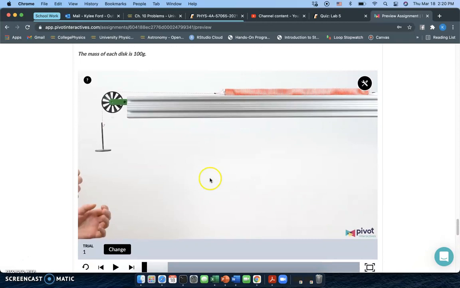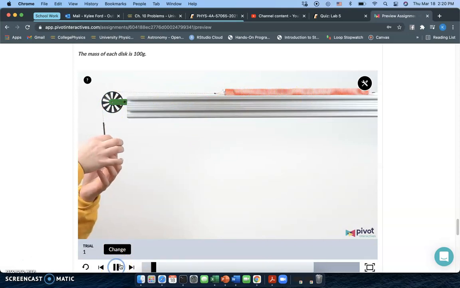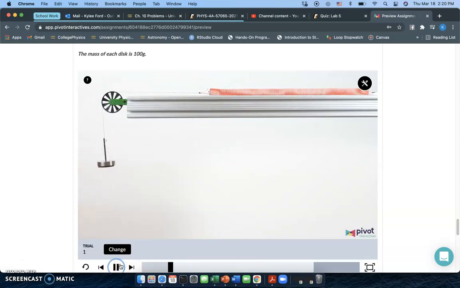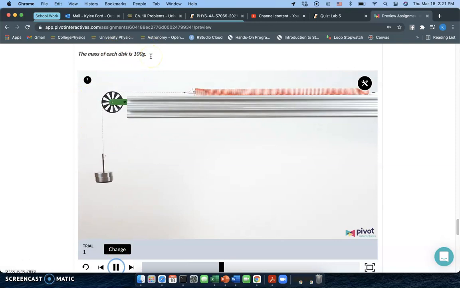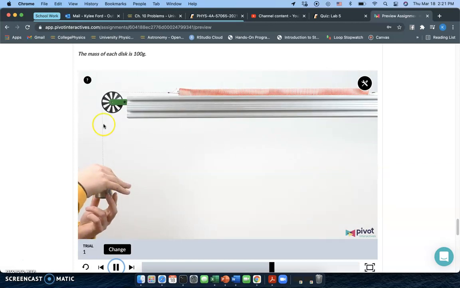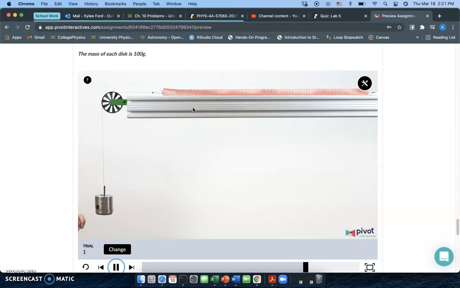In this video, we have one system here, and if I press play, you can see what this person is doing. They're putting on weights, and the mass of each of the discs is 100 grams. You can see as they increase the mass on this side, the spring is being stretched.